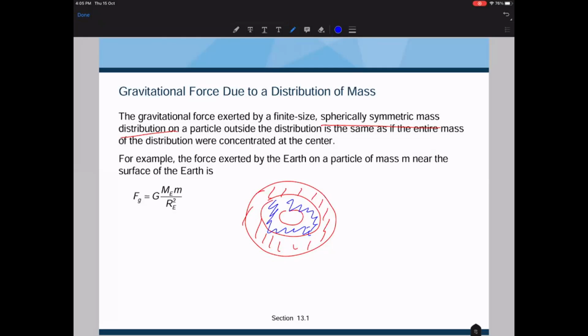So if you have such a distribution of the mass, then when you use Newton's law of universal gravitation, you could assume that all the mass of this object is focused at the center of mass.